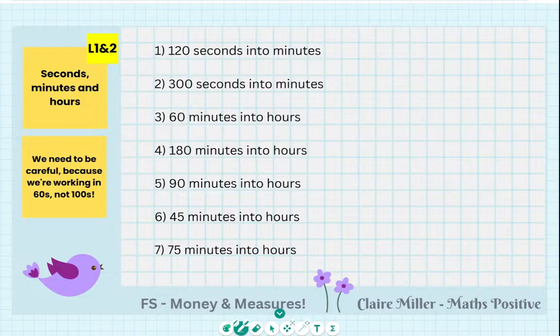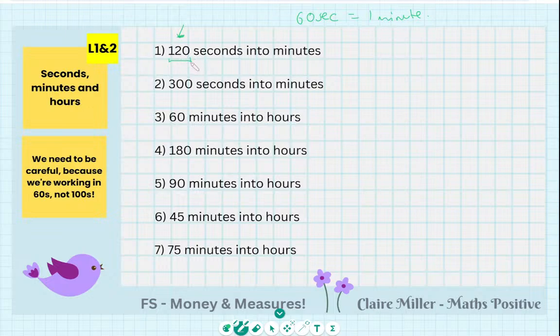Really, really important. With these questions, it's like we're going in the other direction. We're thinking about how many lots of 60 there are in, say, 120. Because we know 60 seconds is 1 minute. So there's 60 in 120, that's 1 minute.